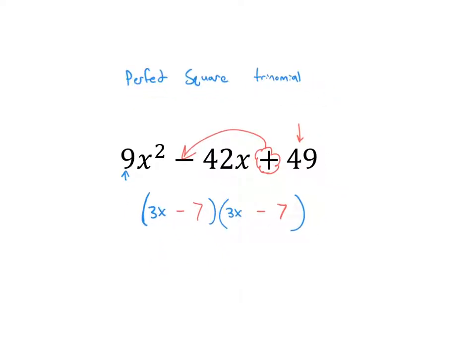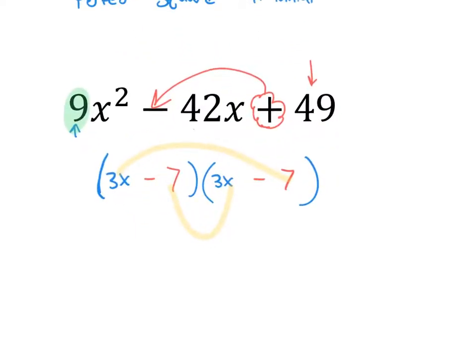But you might be saying, hey, Mr. Connell, that can't be right, because negative 7 plus negative 7 doesn't give me a negative 42. I'll challenge you to remember, whenever we're working with the more difficult type, so there's a number out in front, the middle term does not come from adding the negative 7 and the negative 7. It instead comes from multiplying the O and the I of FOIL and adding them up.